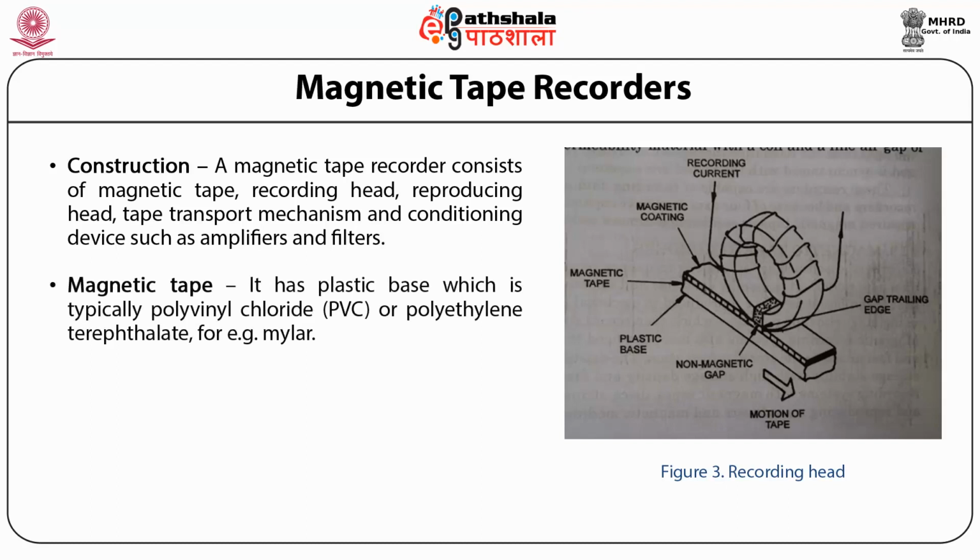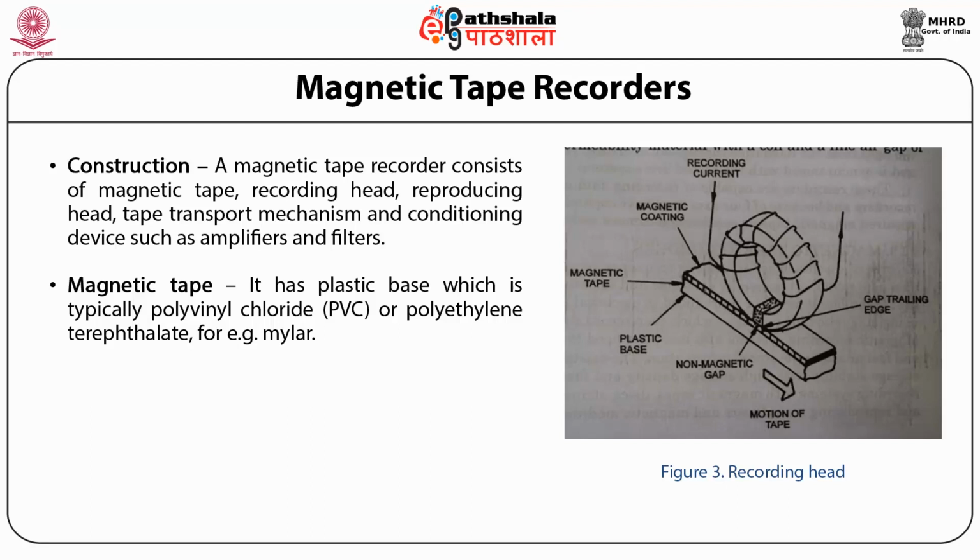Magnetic tape. It has a plastic base, which is typically polyvinyl chloride or polyethylene terephthalate, for example Mylar. This thin sheet of dimensionally stable plastic is coated on one side with a magnetic material.